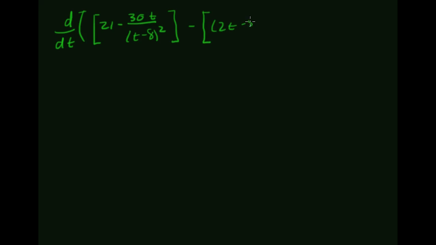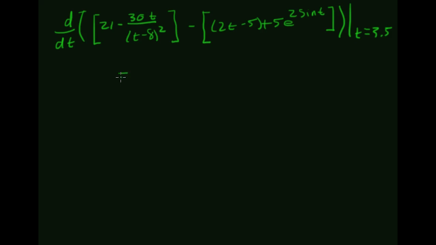So literally, we need to look at the derivative with respect to t of W, which is this 21 minus 30t over (t minus 8) squared, minus (2t minus 5 plus 5e to the 2 sine t). And I want that evaluated at t equals 3.5.